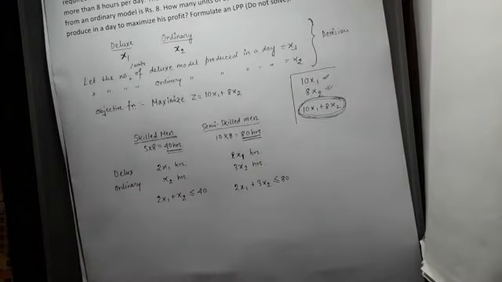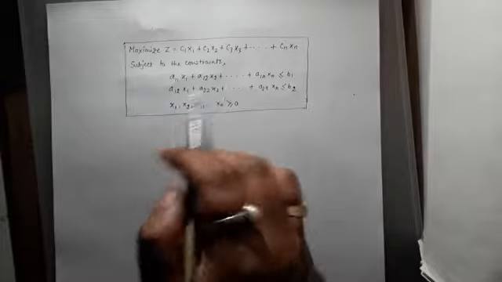Now this is the rough work that we have done. After doing this, we have to express the problem in a proper, standard way. This is the standard way I have already discussed.